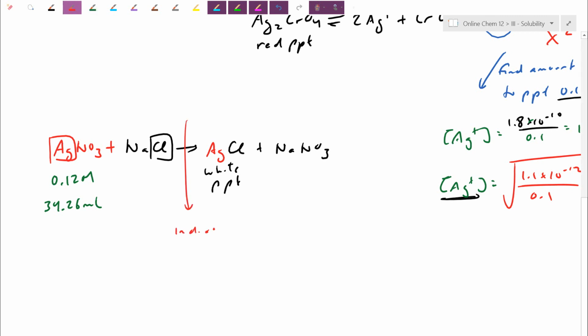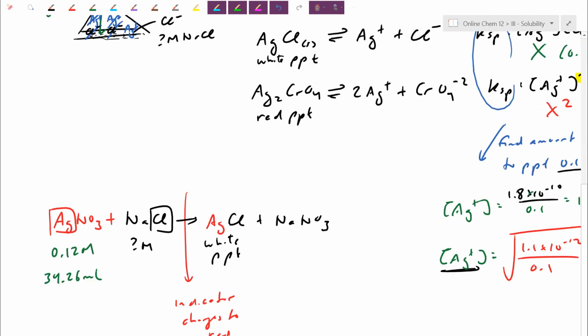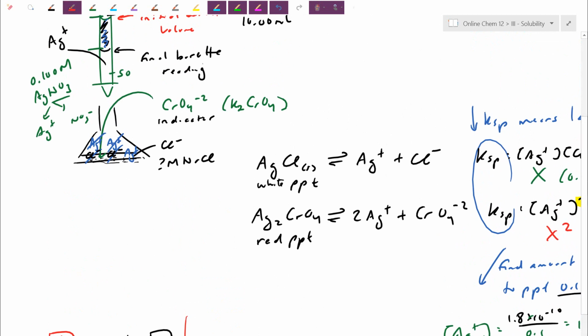So the indicator changes to red. And that's when you know when to stop. If it becomes overly red, then you would have an excess, then you would need to start over again. So I have those numbers there, fine. I had an unknown molarity of chloride, but even though I don't know the molarity of chloride, it's totally up to me how much volume I want to test at a time.